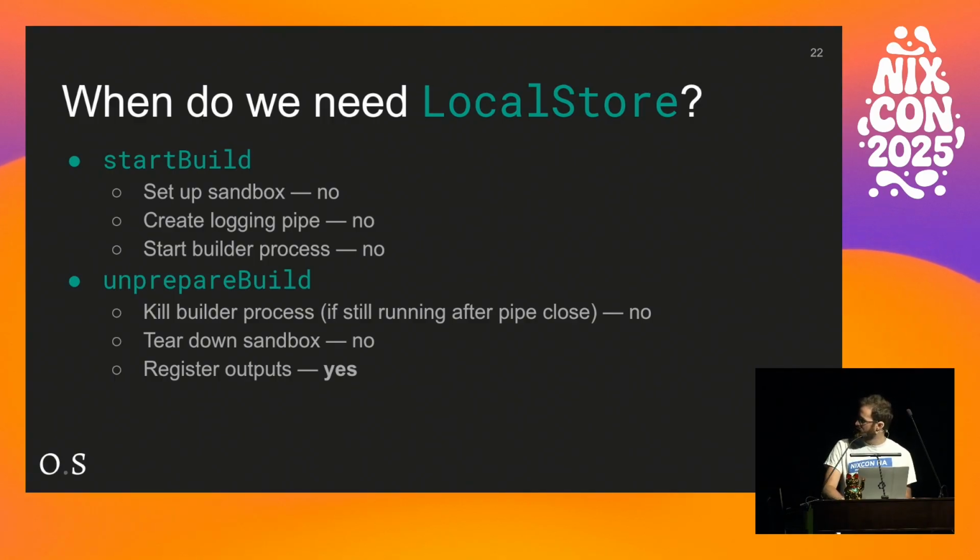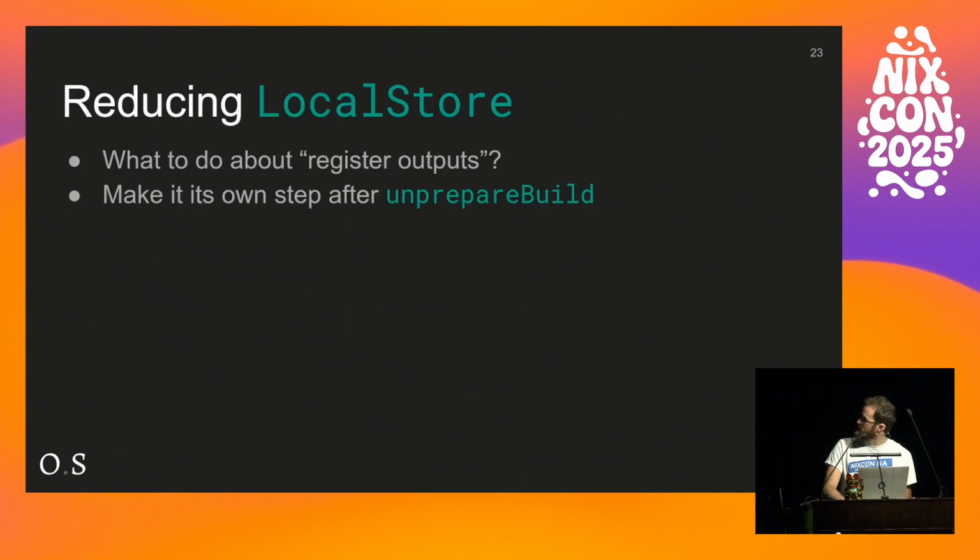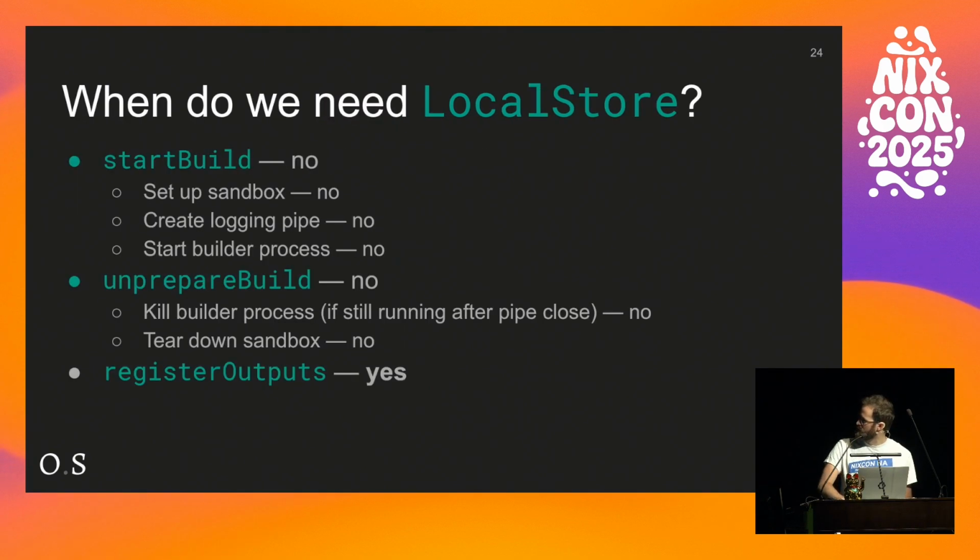So what to do about that? Essentially, move the goalposts. We'll make register outputs its own step after unprepared build. We have a slightly more complex interface, but now the things which are totally portable are no longer encumbered by registering outputs, which is separate from unprepared build.